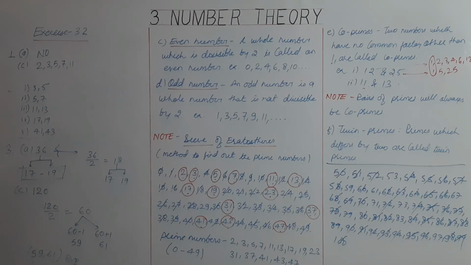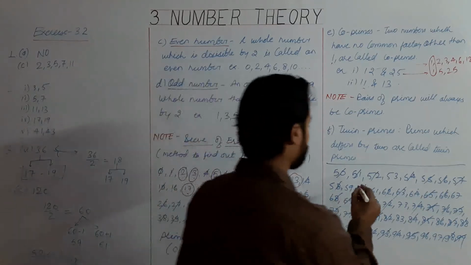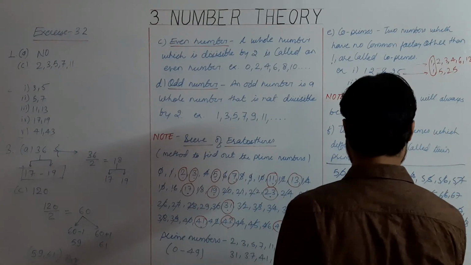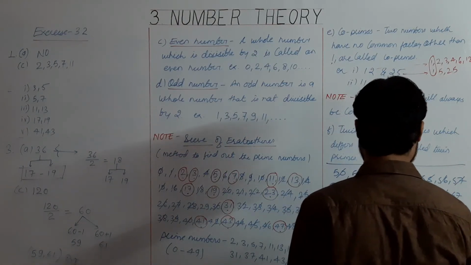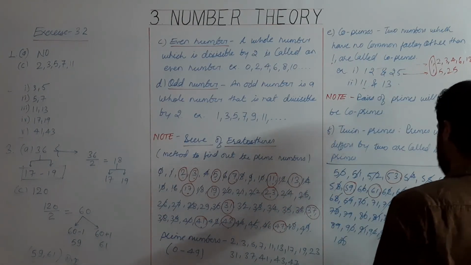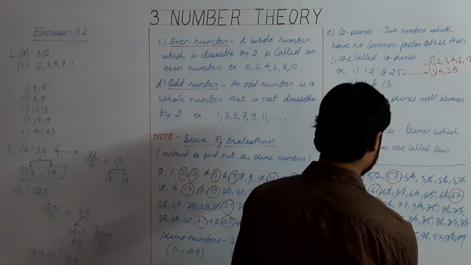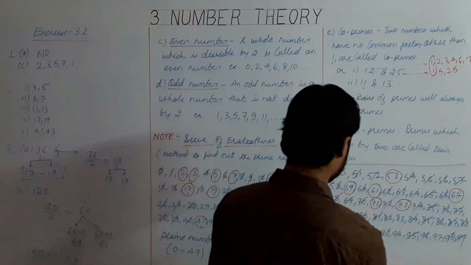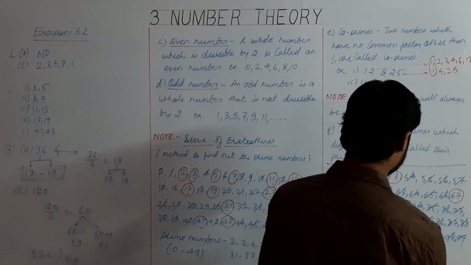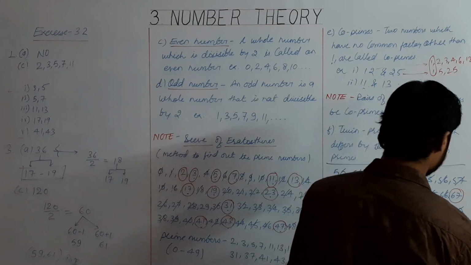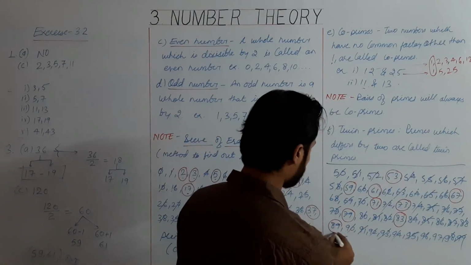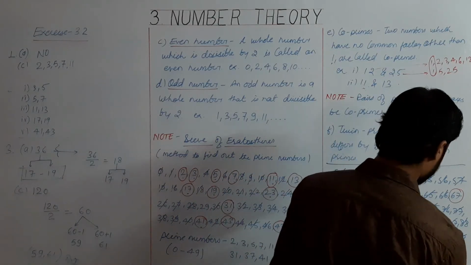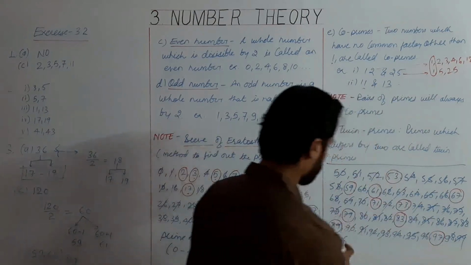So all uncrossed numbers are prime numbers: 53, 59, 61, 67, 71, 73, 79, 83, 89, and 97.